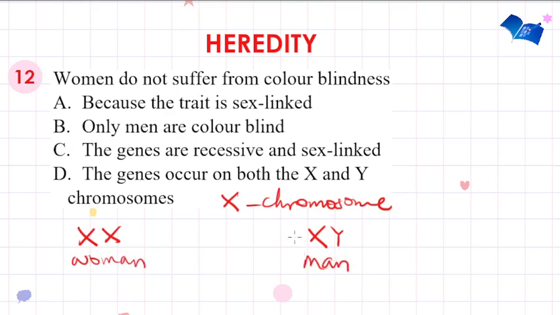So this is a sex linked trait affecting the X chromosome. Now there's high impossibility, not high possibility here, for both XX of the woman to carry the abnormal gene.